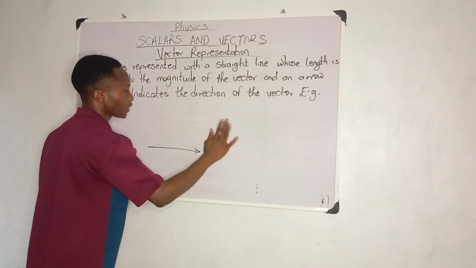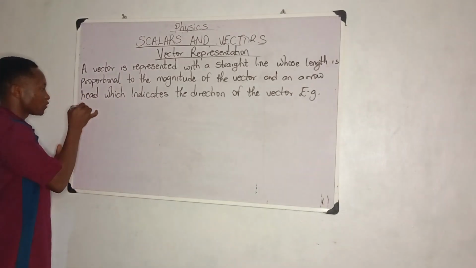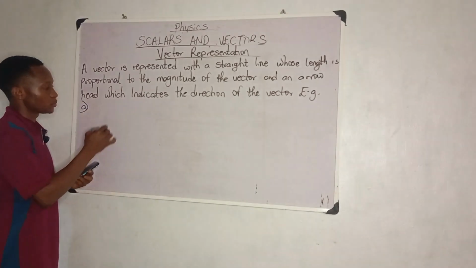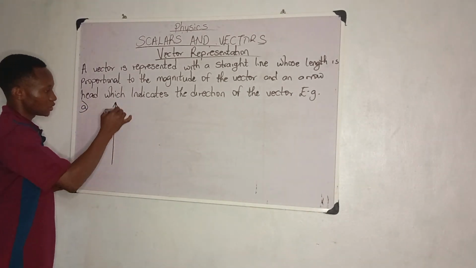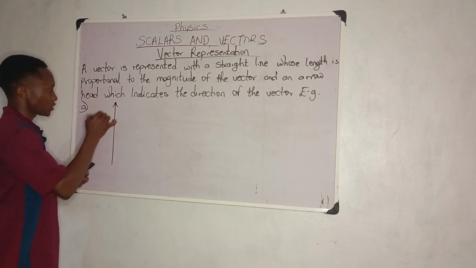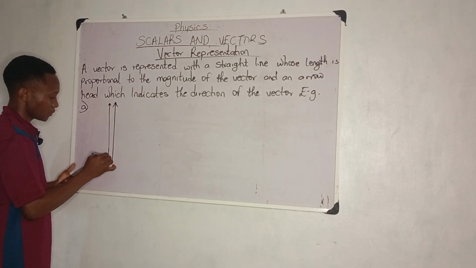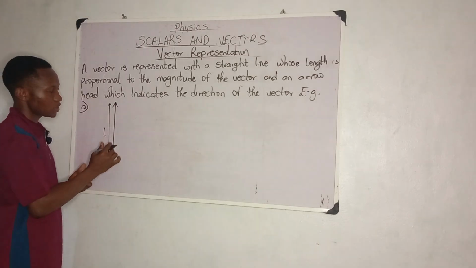Now let me give examples. I'm going to take the first one, A. If you come to example A, what is this diagram saying? You can tell me. Okay, here the diagram is actually talking about, from here to here is the length L. But this is actually facing due north.